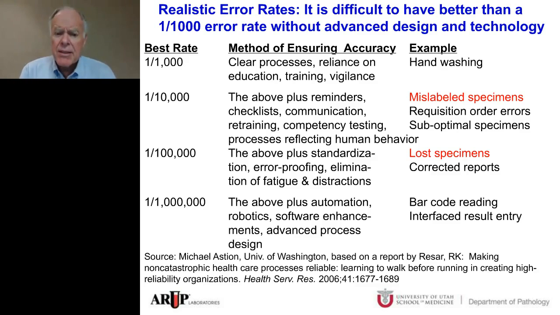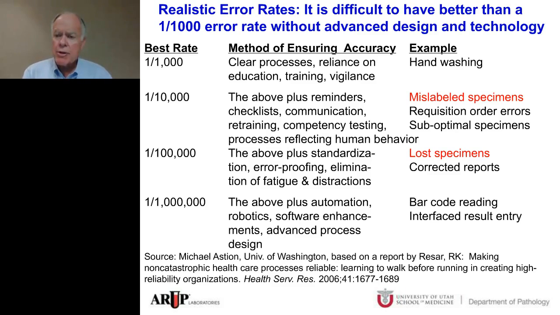I believe that there are many published reports about mislabeled specimens that show the error rates to be much worse than the 1 in 100,000 that he had in the previous slide.